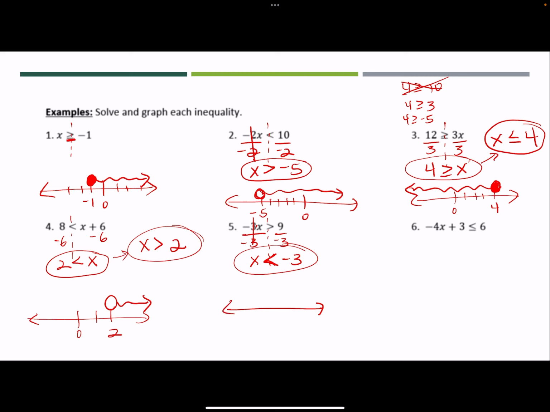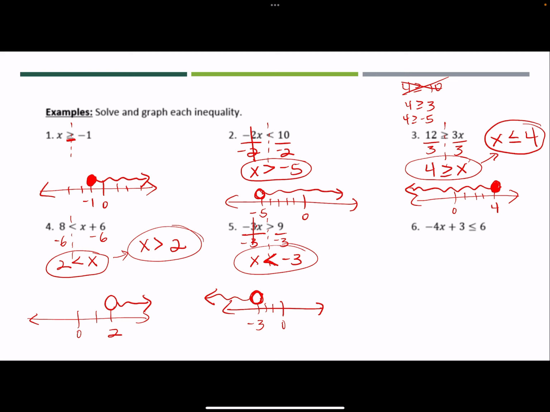So there's my solution. So here's negative 3. Negative 3 gets an open circle because it does not have an or equal to. And it's x is less than negative 3. So less than a number always is going to go to the left.